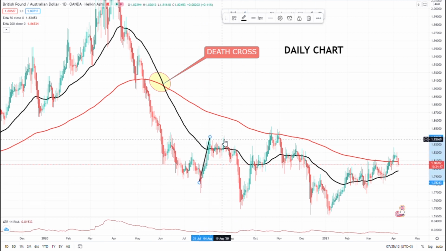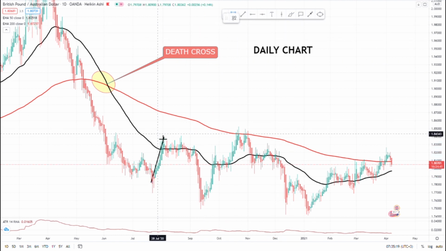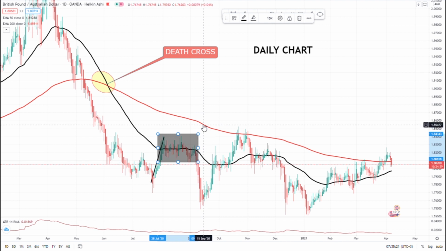The minute you see this ranging market, avoid it, and whenever the market comes out of the ranging market, you can trade. But understand, in a smaller time frame, this ranging market has some setups that you can trade also. So that's something that you need to understand.